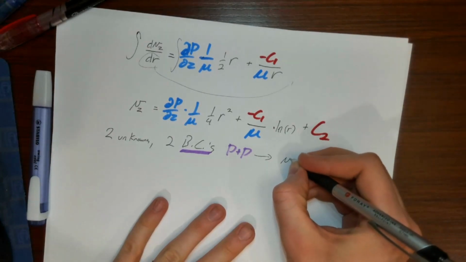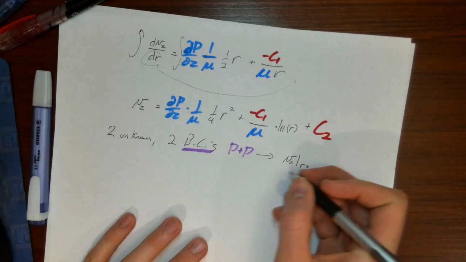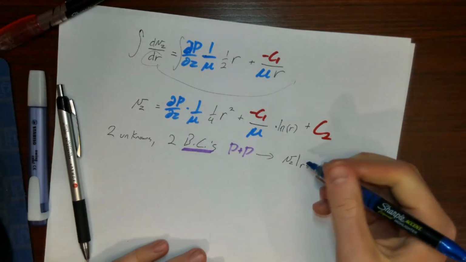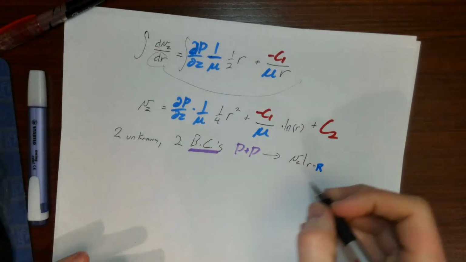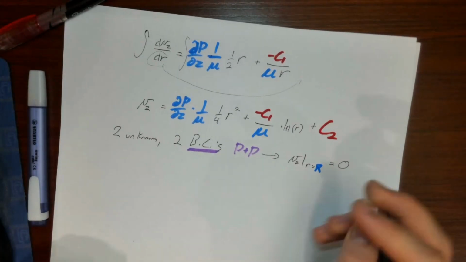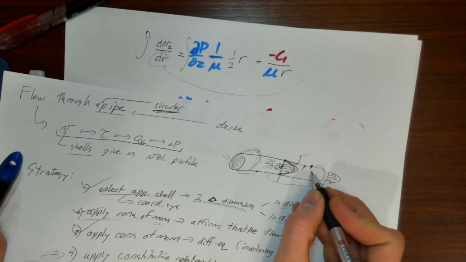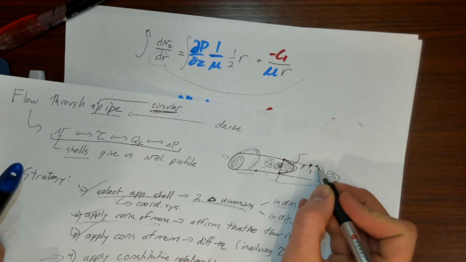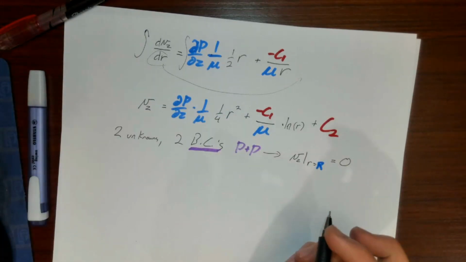That the z velocity evaluated at little r equals big R has to be 0. So at little r equal to big R, which is the outer radius right here, the z velocity needs to be 0. So that's going to be one of our boundary conditions.